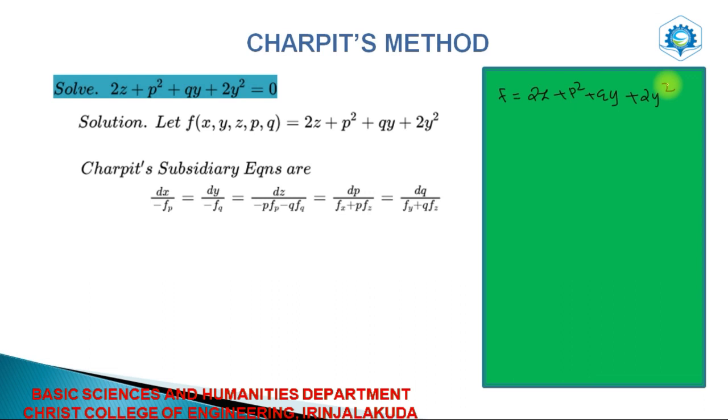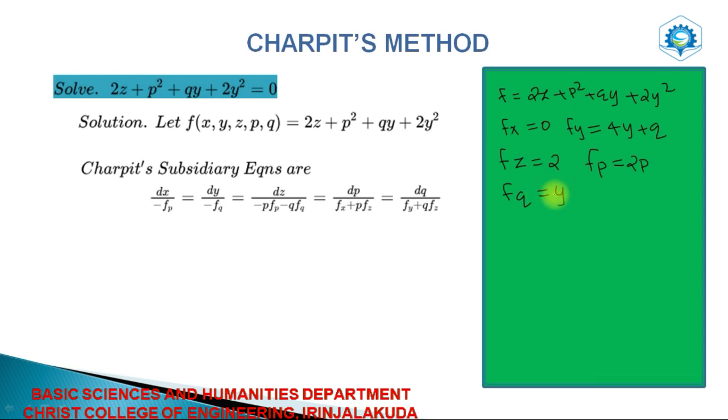Now our first aim is to find all the required partial derivatives. What about fx? No x term, so it is 0. Fy is 4y plus q, Fz is 2, Fp is 2p, and Fq is y.